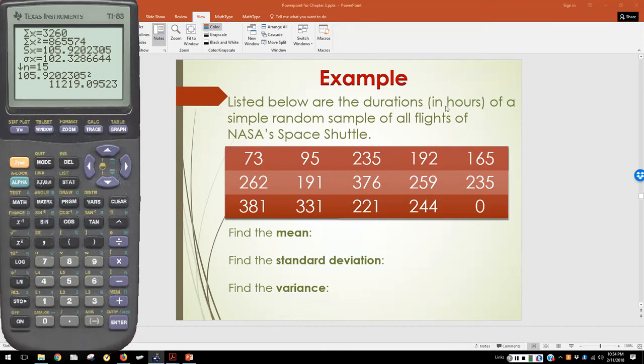So this is the duration in hours. That means the average flight time was 217.3 hours. The mean flight time was 217.3 hours, but that varied on average by about 105.92 hours.